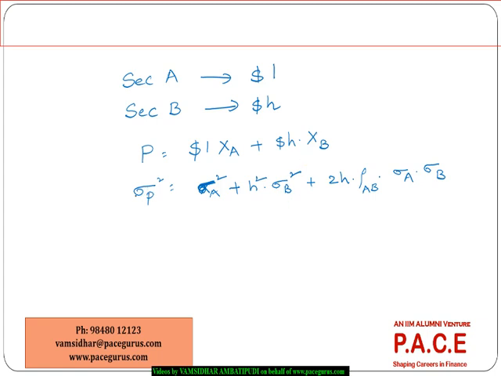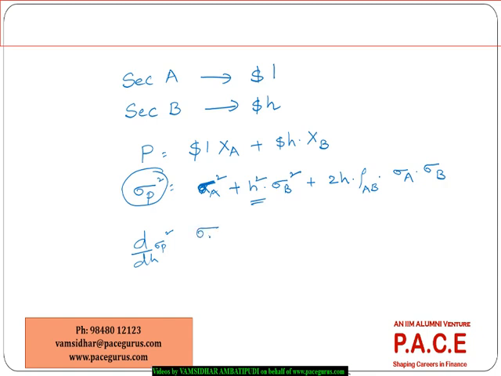And if I'm talking about the hedging, my hedge ratio is that particular value of H where the portfolio will have the least possible variance. So this value should be the least, which means I am differentiating this variance with respect to H and equating it to 0.